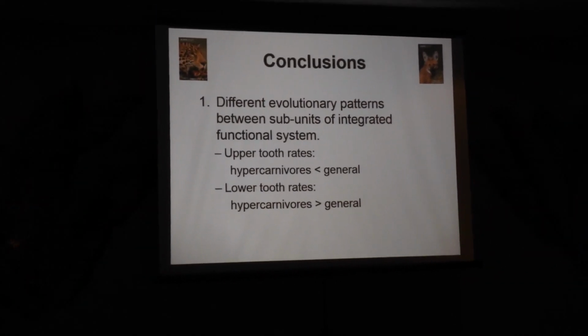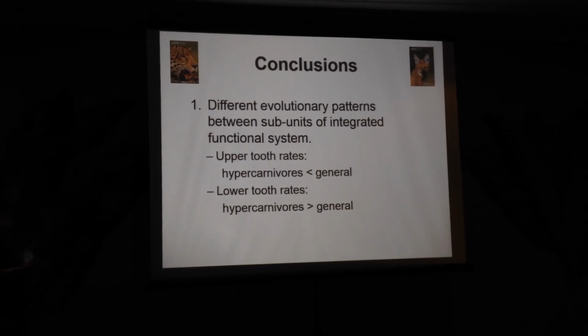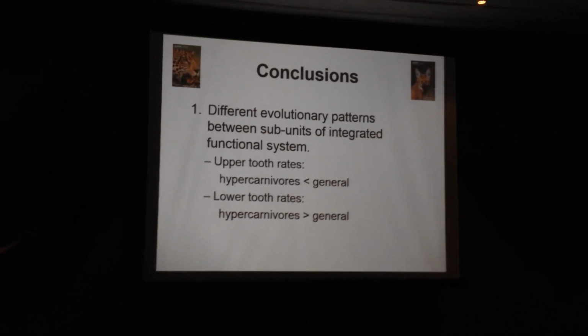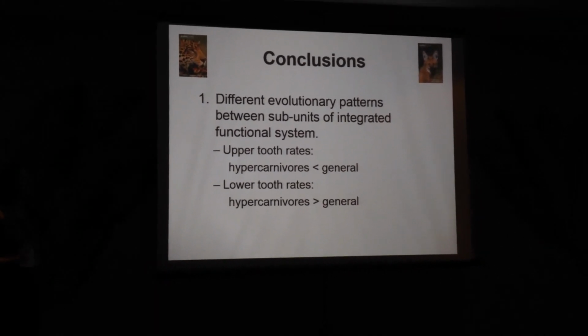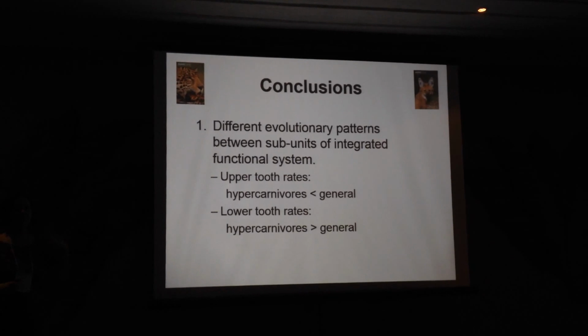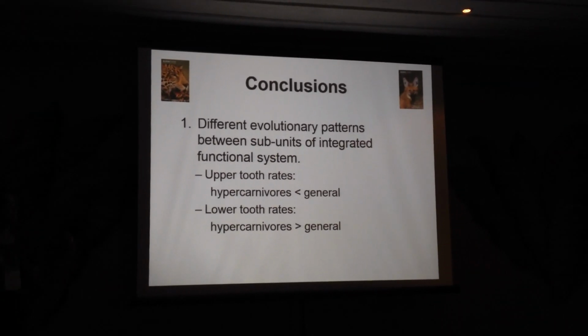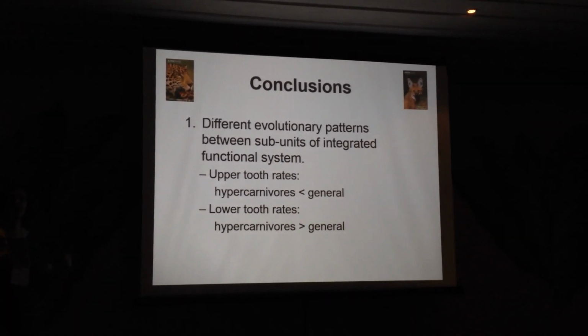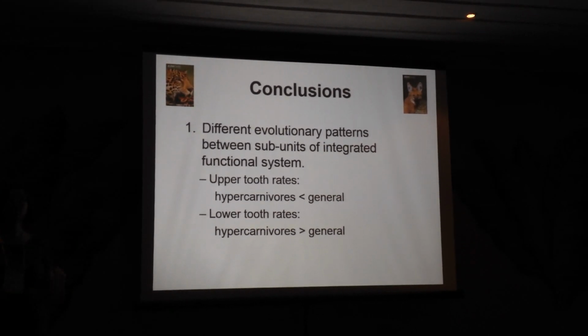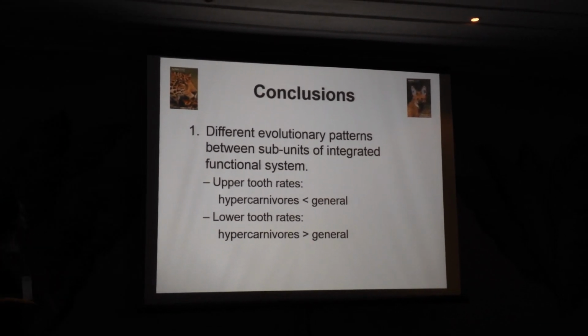Okay, so that was a very quick overview of this, so what are we concluding? Well, I think one of the most interesting parts of this is that we see these different evolutionary patterns between the subunits of this integrated functional system, the carnassial teeth. They have to work together to be able to shear meat, so your expectation would most likely be they should follow similar evolutionary patterns.